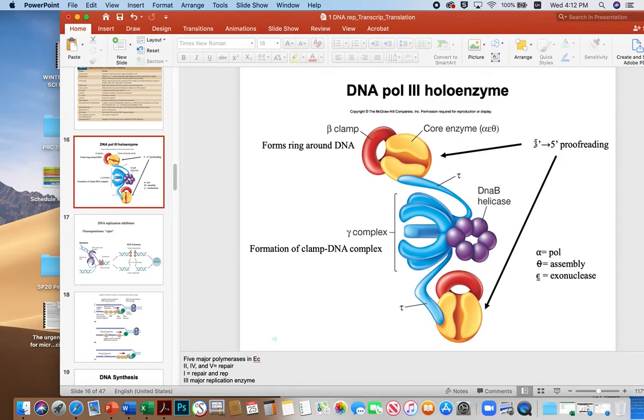And so again, you see this information here, that the epsilon fragment is responsible for 3' to 5' proofreading. So the polymerase is going to lay these bases down 5' to 3', and then if it encounters a mistake that it made, it'll go backwards 3' to 5', fix the mistake, chew it off, and then put the right base down, and then turn around and continue in the 5' to 3' direction.